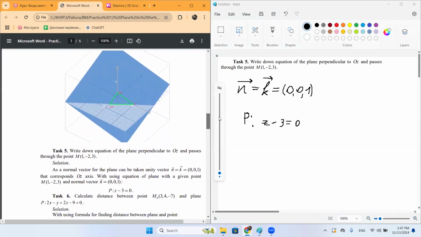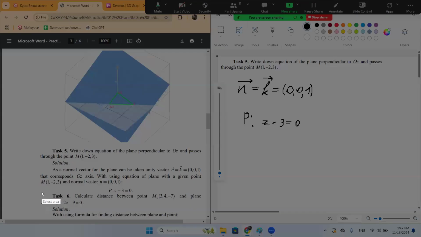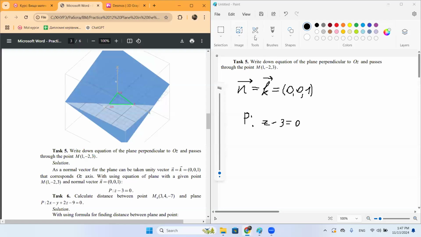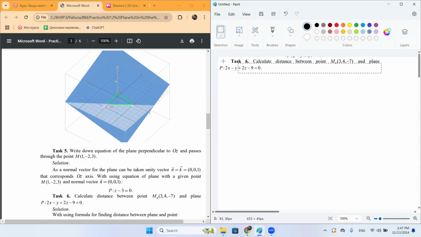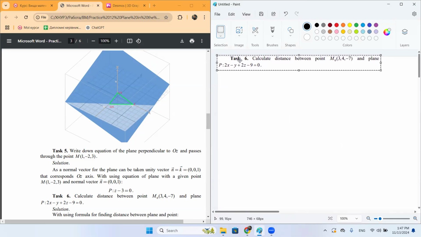And task number 6, we need to calculate the distance between point M0 and the plane. Okay, let's move it up.